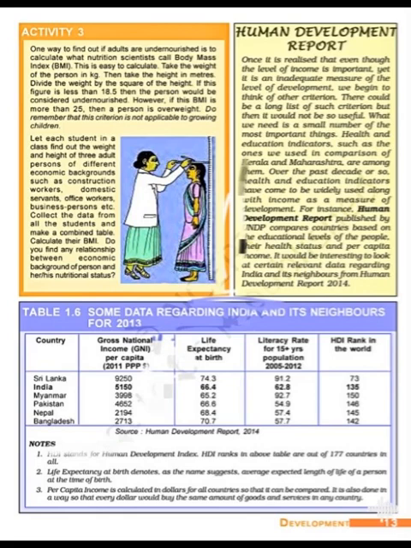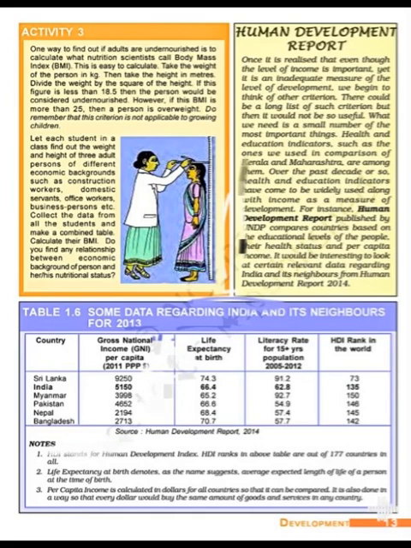Over the past decades or so, health and education indicators have come to be widely used along with income as a measure of development. The Human Development Report is published by UNDP, that is United Nations Development Program.